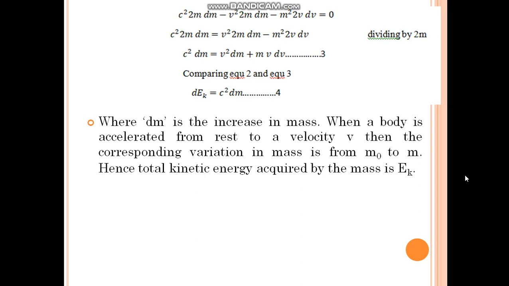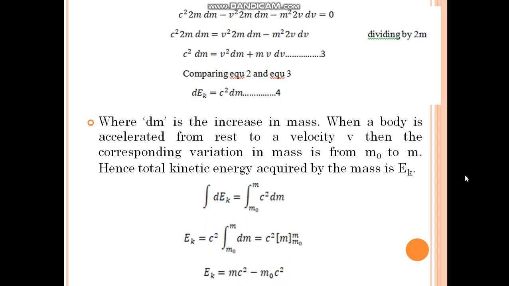Hence total kinetic energy acquired by the mass is Ek. The total kinetic energy can be obtained by integrating equation 4, and after integration with the limits m naught to m, we finally will get the expression Ek is equal to mc square minus m naught c square.